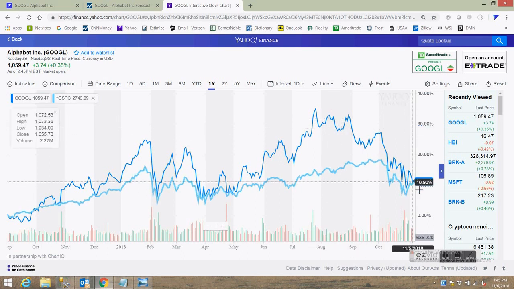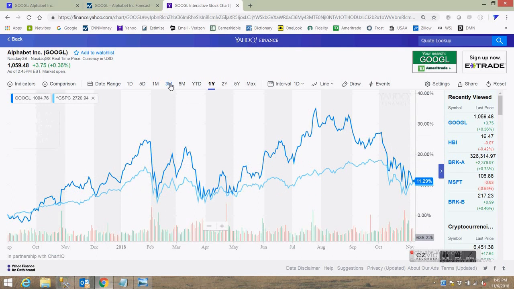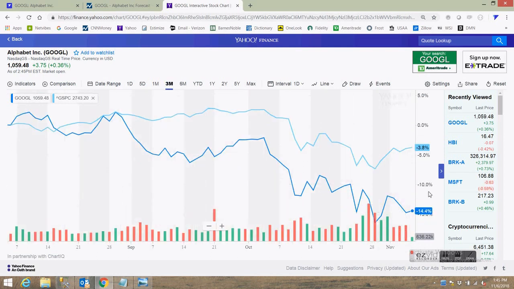But here recently, in the last 3 months, we've seen a movement where the downward trend of Google has been more than that of the overall market. If I change it to 3 months, you can see here that Google is down 14% and the market's down about 4%.